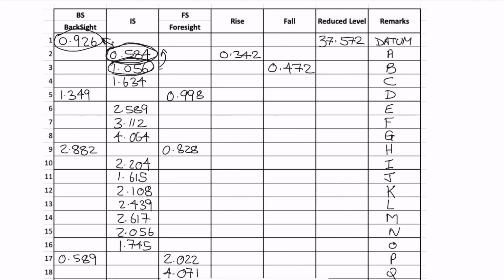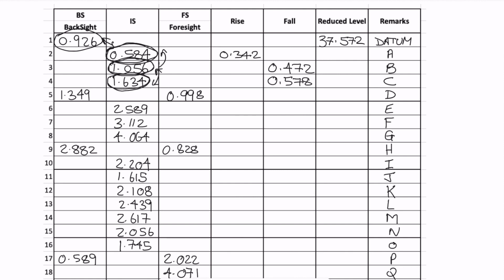Next 2 readings, 1.056 and 1.634, work out the absolute difference. The second reading is larger than the preceding reading. The absolute difference is entered under the fall column.